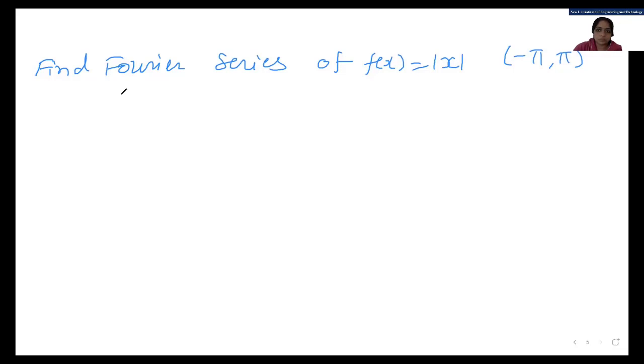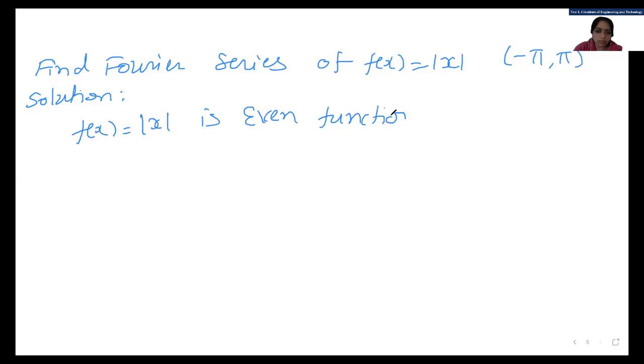So the solution is: here f of x is equal to mod x is an even function, and our given function is even. So our first step is bn equal to 0. As our given function is even, limits are minus pi to pi, so bn equal to 0.